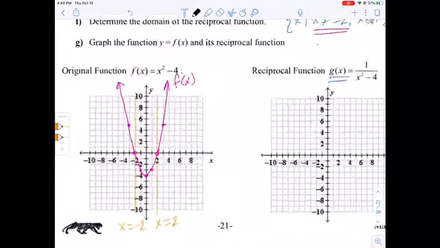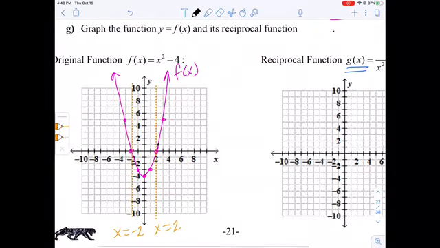And I also know a couple of things here. I know that my invariant points are at y equals 1 and y equals negative 1. So I scooch horizontally across this imaginary line where y is equal to 1 until I find the two intersection points.